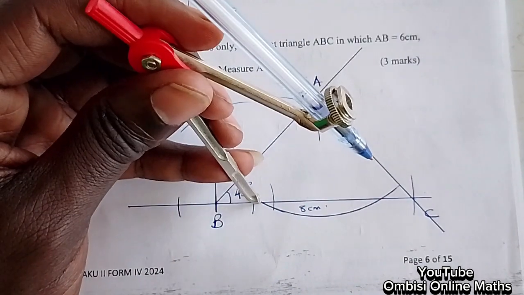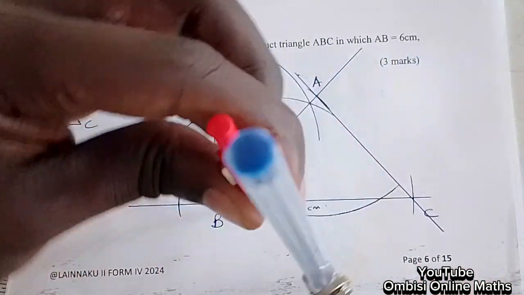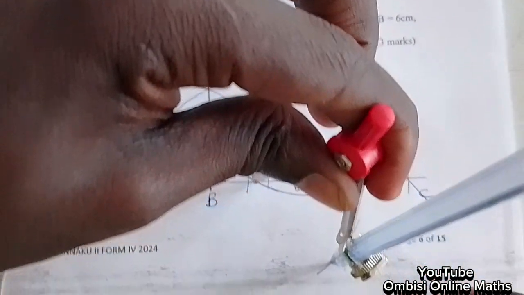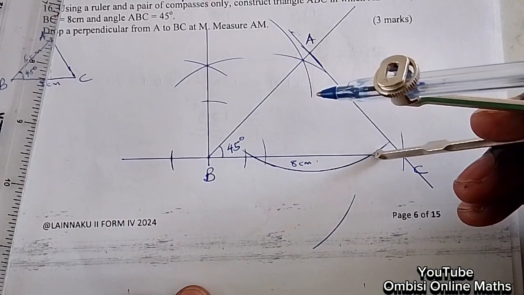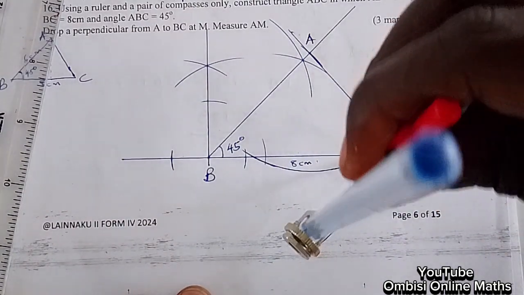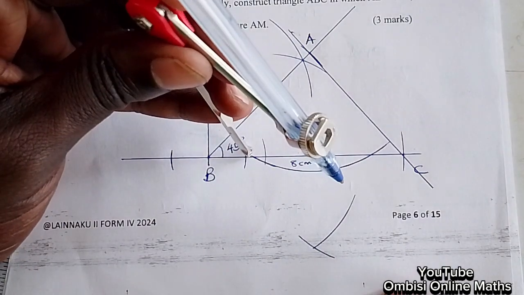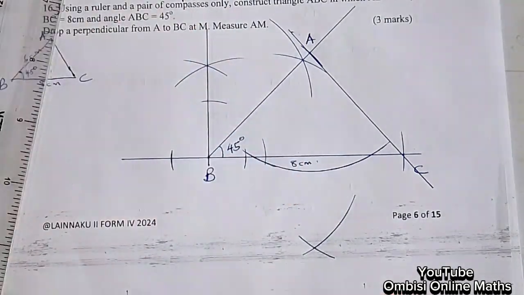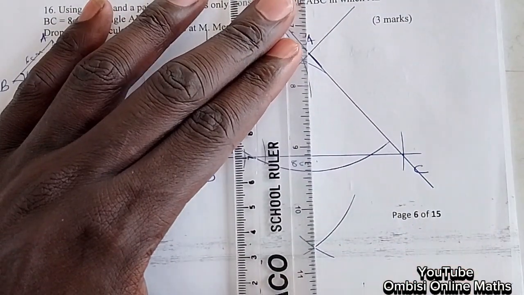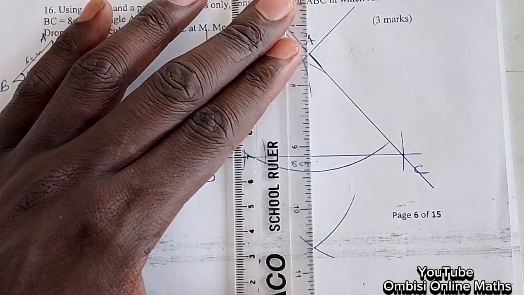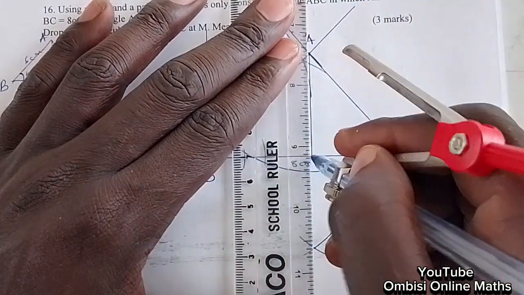Put it at one of the points, stretch more than a half, make an arc on the lower end. Transfer to the second point, also make an arc through the one we made initially. Then connect where the arcs meet to the point A using a straight line.